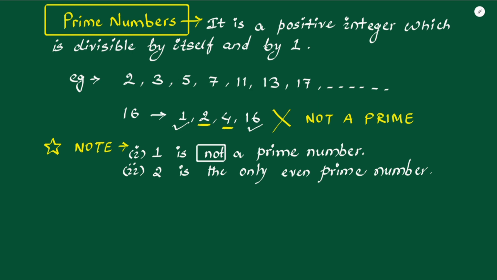Second point is 2 is the only even prime number. So what are even numbers? Even numbers are all those numbers which are divisible by 2. So among all the even numbers, 2 is the only even number that is prime. So if someone asks you what is the only even prime number, 2 will be your answer.